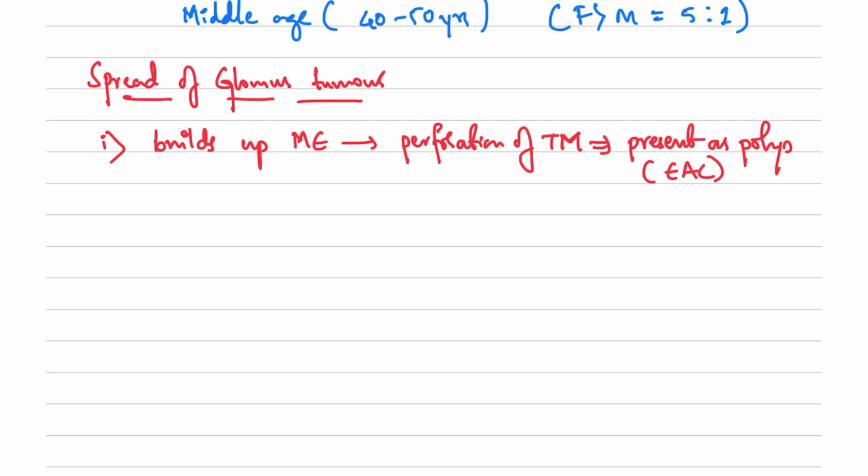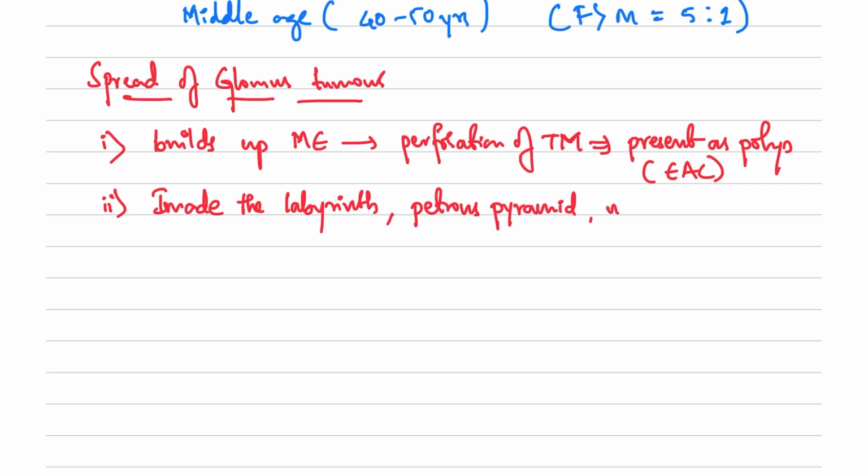The second thing, it may invade the labyrinth, the petrous pyramid, as well as the mastoid. Then it may invade through the jugular foramen, at the base of the skull, causing the 9th and the 12th cranial palsies.